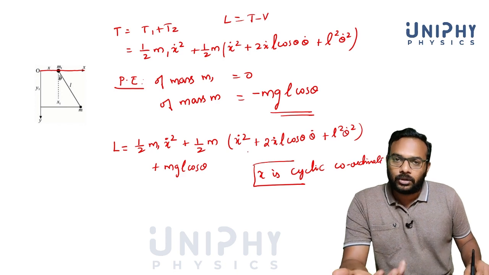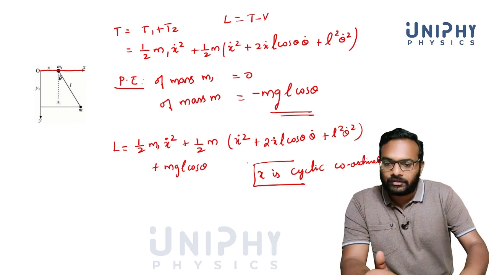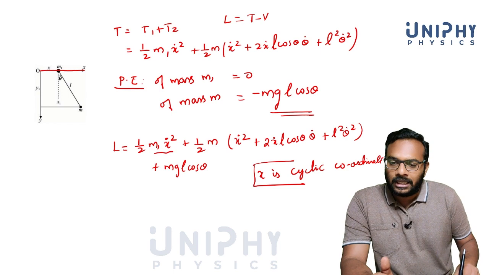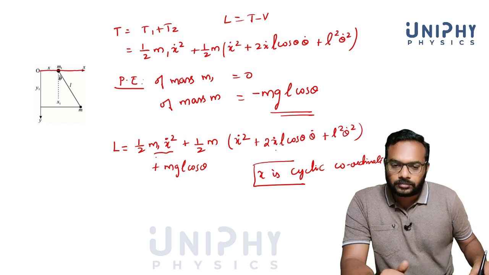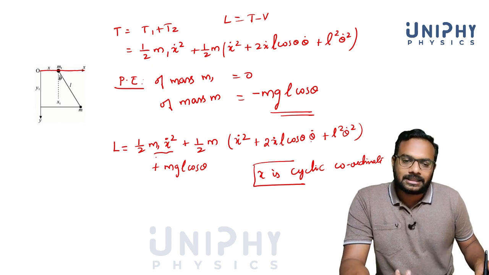So ∂L/∂x is 0. We only have to find ∂L/∂ẋ, which should be m1 ẋ and mẋ from here, and ml cos theta theta dot from here.